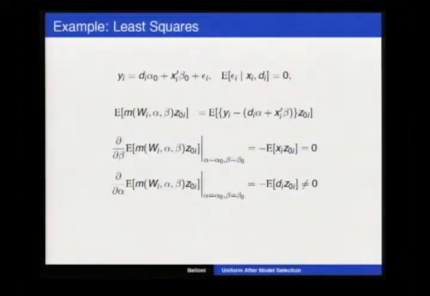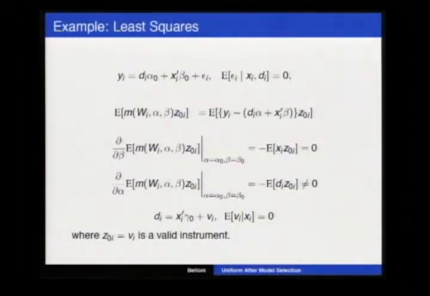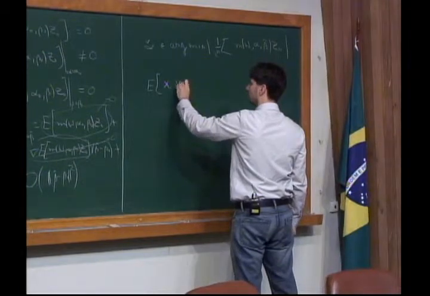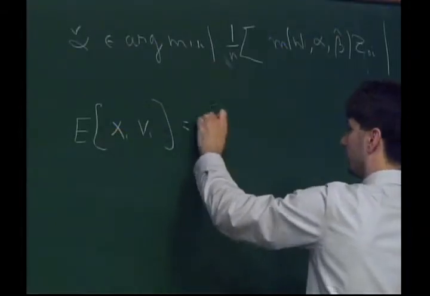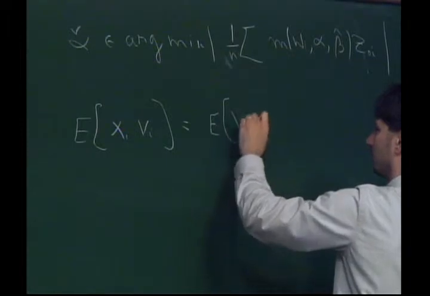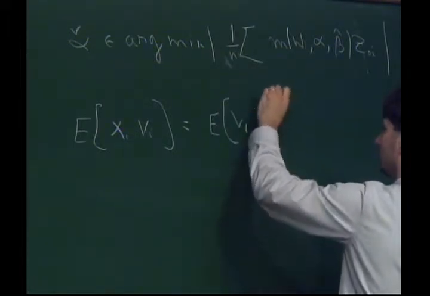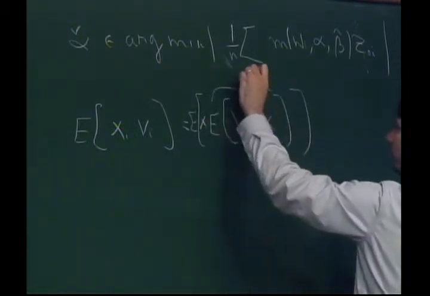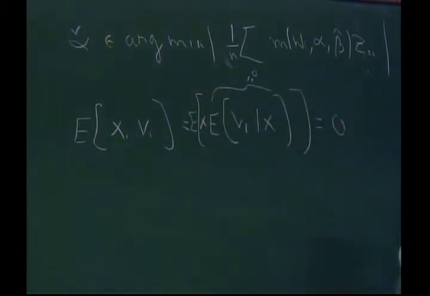Well, it turns out that this is precisely what the residuals of this regression are. If you regress D, the treatment, on the controls, the residuals are going to be orthogonal to the controls. So the expected value of x_i v_i given x is 0 by construction of the regression. So it satisfies the first condition.